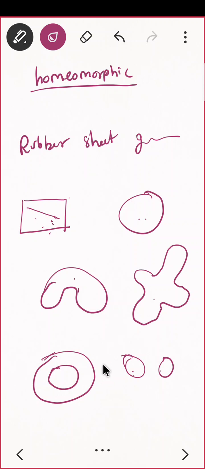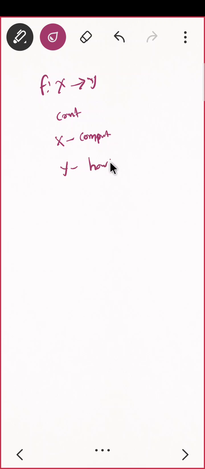So all the properties, actually, if I go to the definition, then see, a function from X to Y is said to be a homeomorphism if it is continuous, and if X is compact, Y is Hausdorff, and the function is continuous, X is compact, and Y is Hausdorff. I don't know whether you remember, you know the word Hausdorff or not.